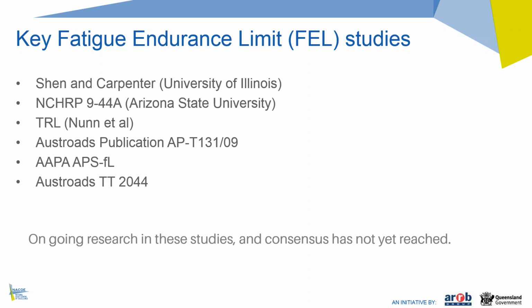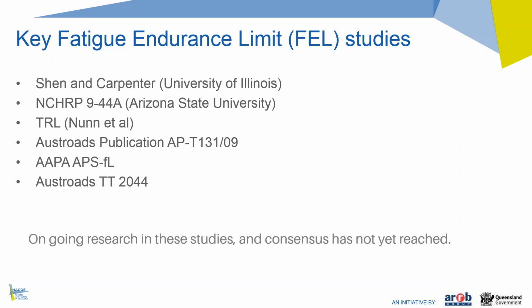And I think the conclusion at that point was it wasn't ready at that time. In more recent years, the Australian Asphalt Pavement Association has provided a methodology called Asphalt Pavement Solution for Life. It's quite a comprehensive study, and I'll talk a bit more later on.